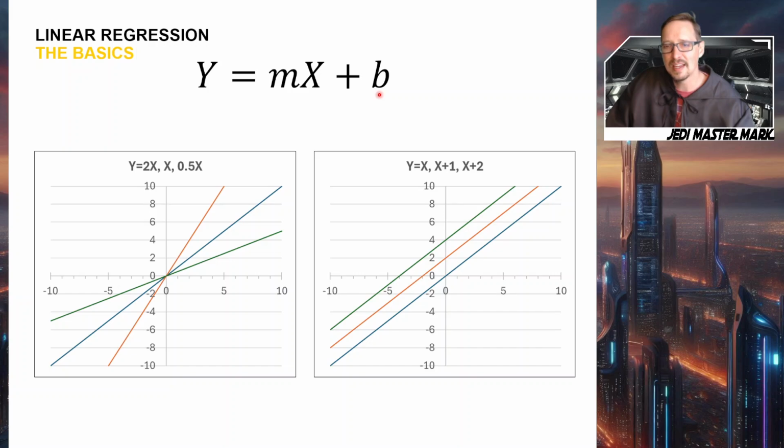This is setting x equal to 1, so you see kind of this 45-degree line, and changing the value of b from 0 to 1 to 2. You can see how it shifts. So it doesn't change the slope at all, but it actually shifts the line up and down.